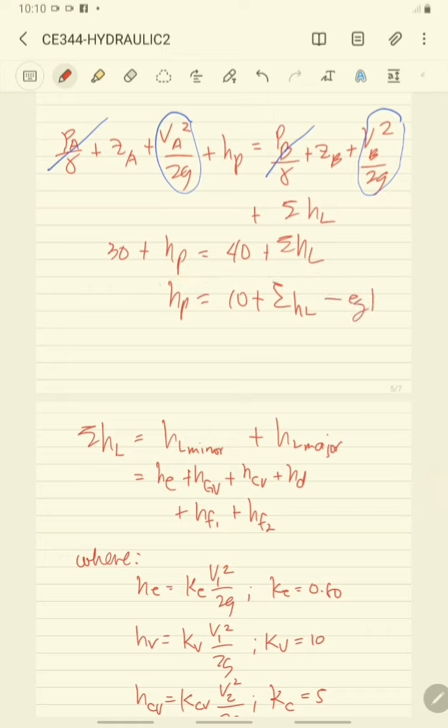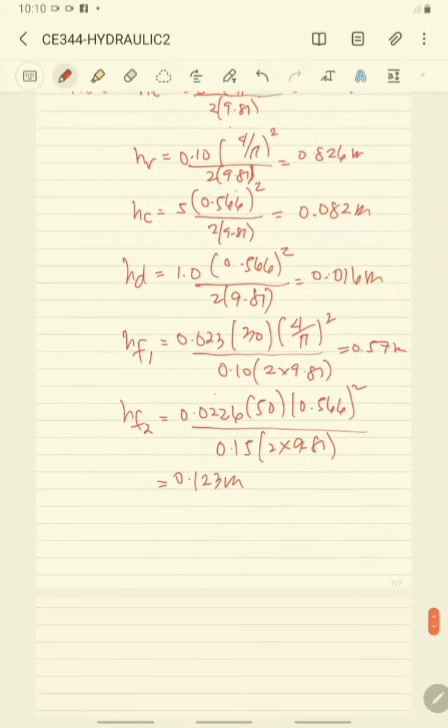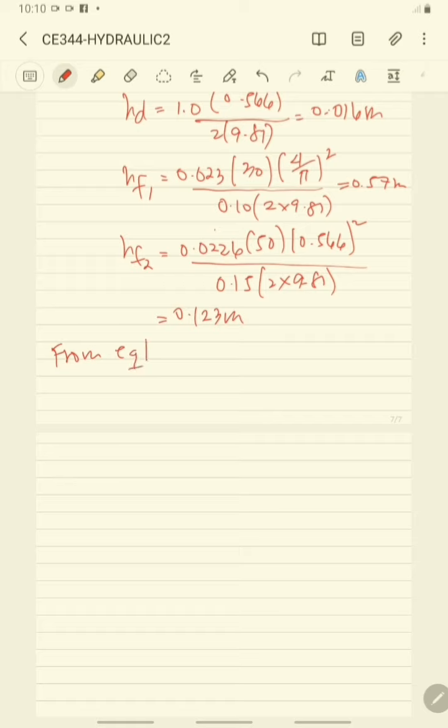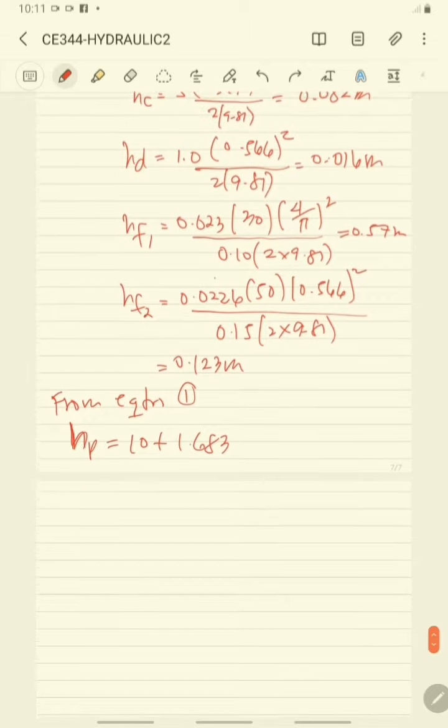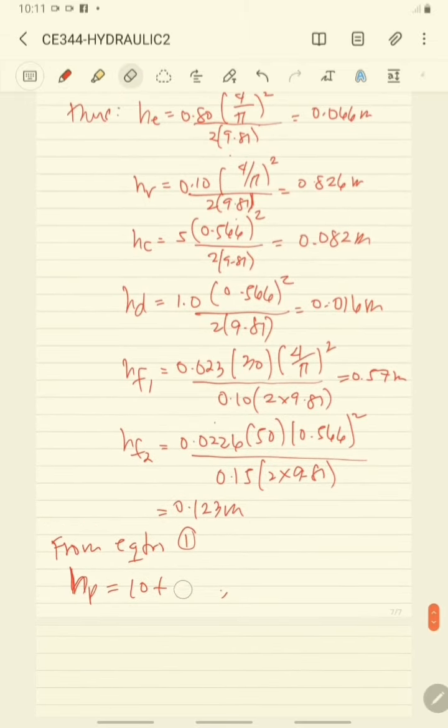So from equation 1, HP, the head of the pump, is equal to 10 plus 1.683, which is equal to 11.683 meters.